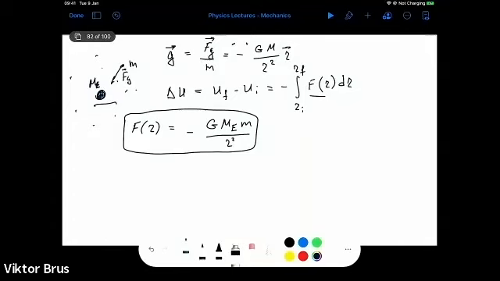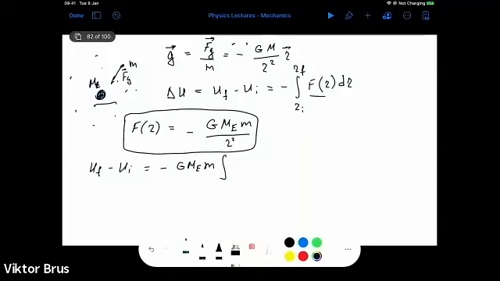So in this case, let us proceed further with the calculation of the potential energy of gravitational field. So final potential energy minus initial potential energy will be equal to minus G, capital G, mass of the Earth times mass m.